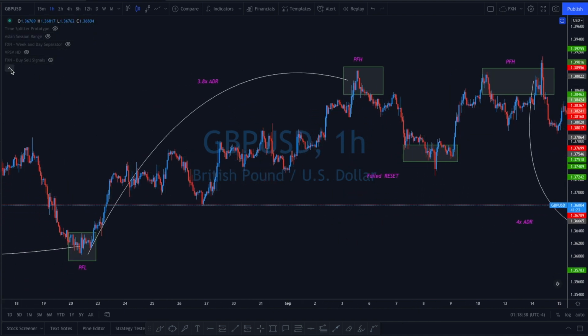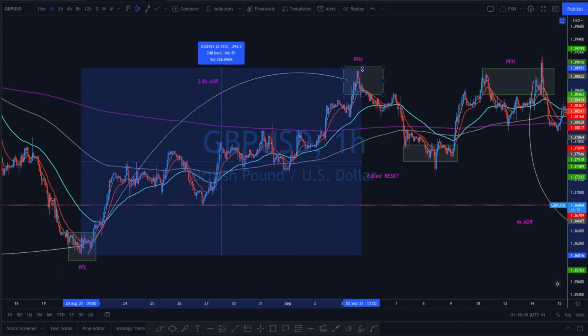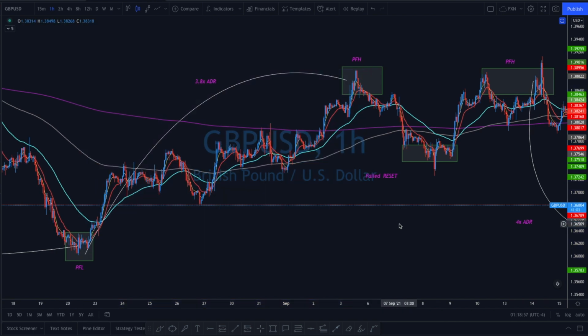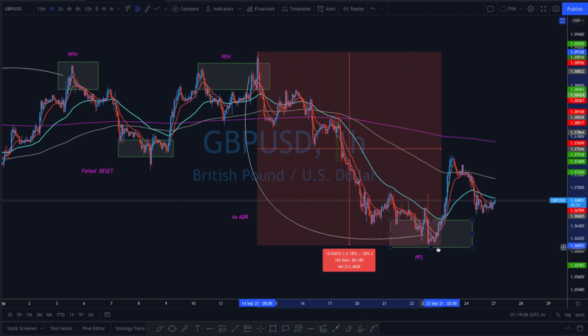If we turn on the EMAs and start counting from here all the way over to here, you can see it's 290. When you divide that by 79, it's actually about 3.6. So there's no way to split that. That's good, right? If you get to this one here and you're going from top to bottom, it's 300, so we know that's good for sure.